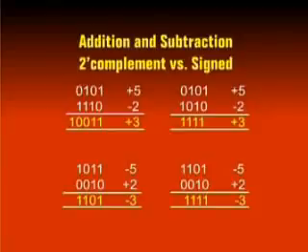In fact, adding 5 to minus 2 gives you the answer 1, 1, 1, 1, and adding 2 to minus 5 again gives you the same answer. So both answers are not in their correct form. If you compare the 2's complement, subtraction and addition, you find the answers to be in their correct 2's complement form.